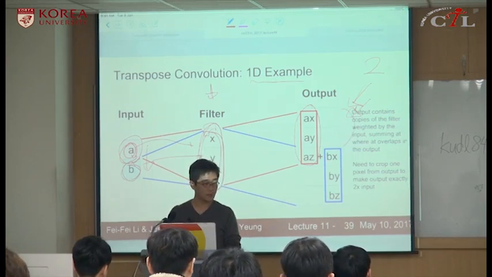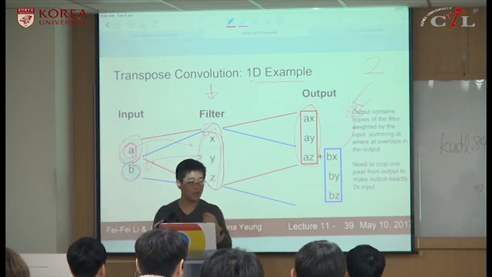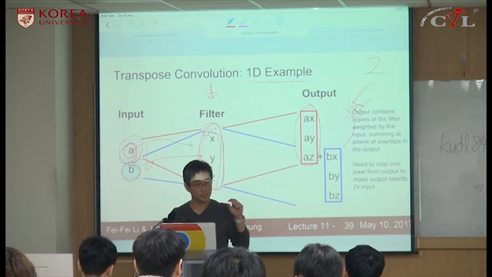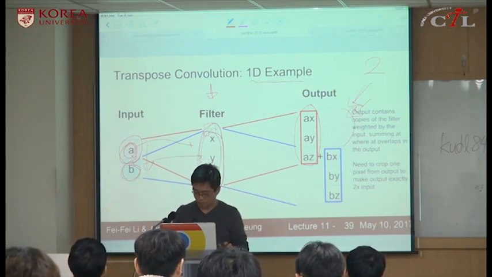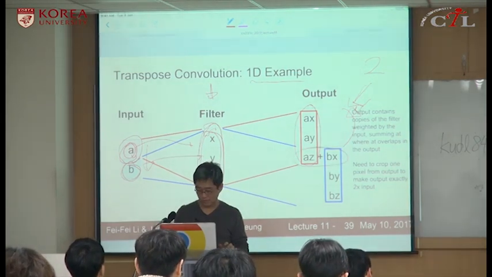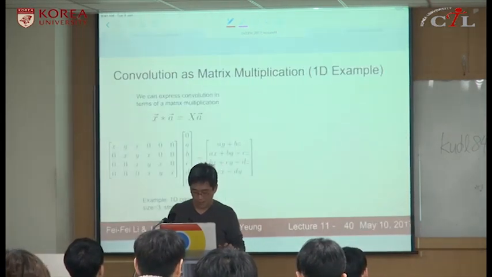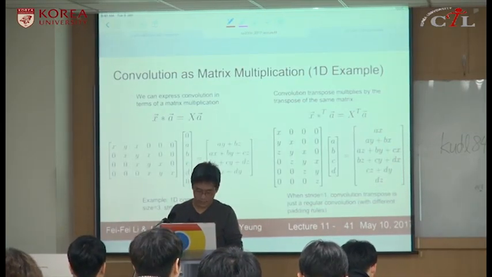So roughly, it is like upsampling with a ratio of 2. It increases the input activation map by the ratio of 2. And for the overlapping part, we simply add them together. Okay, so let me just explain this.